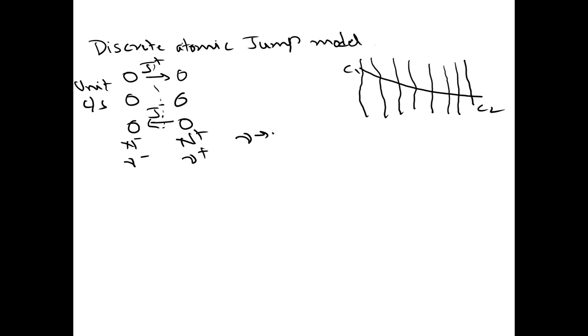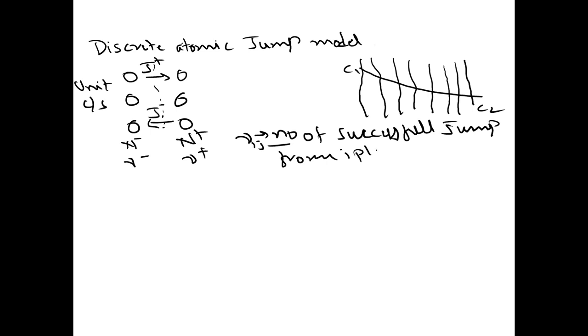Gamma is nothing but the number of successful jumps from the ith plane to the jth plane.